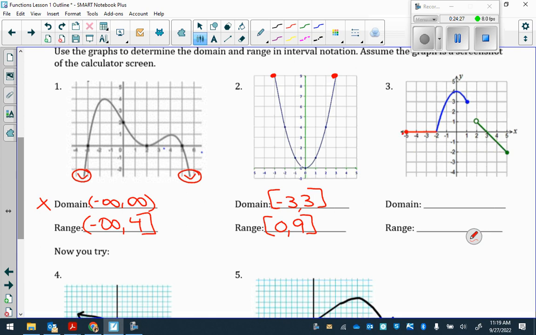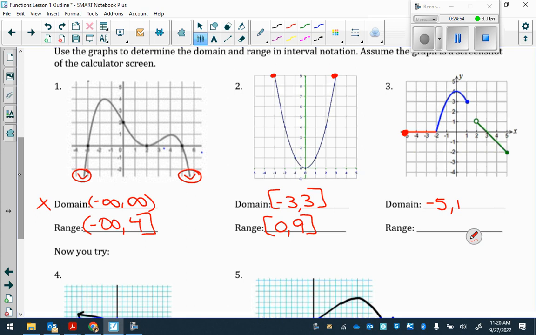It might look like an arrow, but this is a point. Yep. Good. Okay. Domain, left to right. We have -5 to 1.